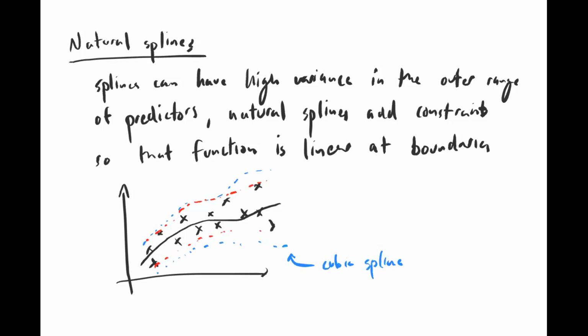Actually, I should draw these ones a little bit closer. So at the ends of the data, for a natural spline, you'll tend to see a little bit of a difference between the range of estimated fit.